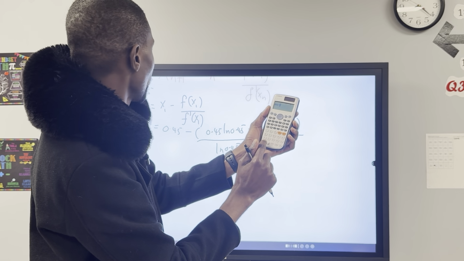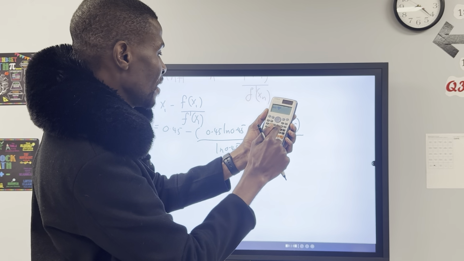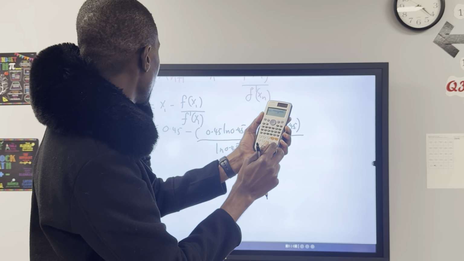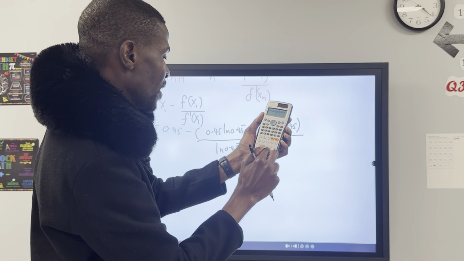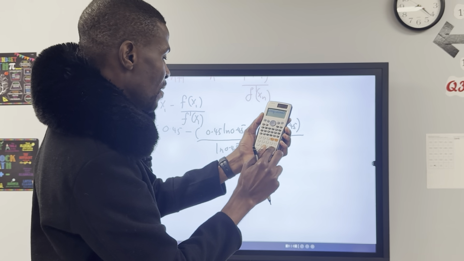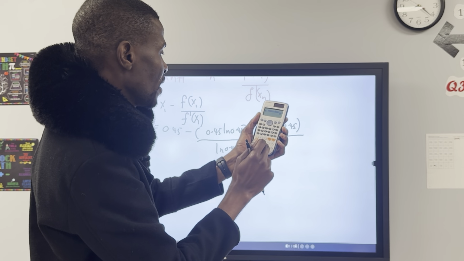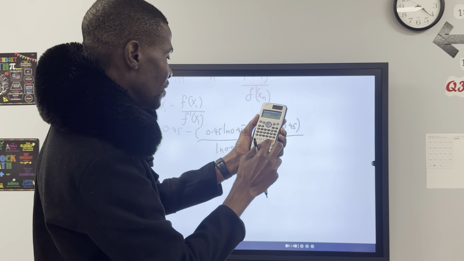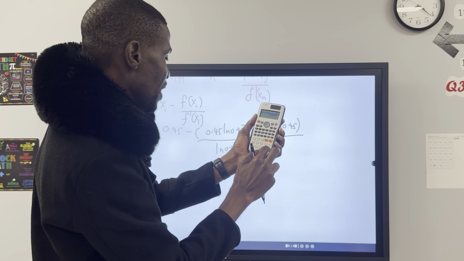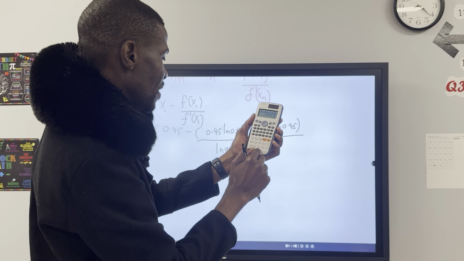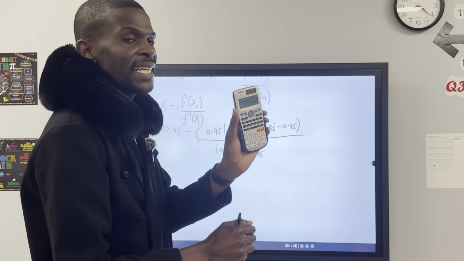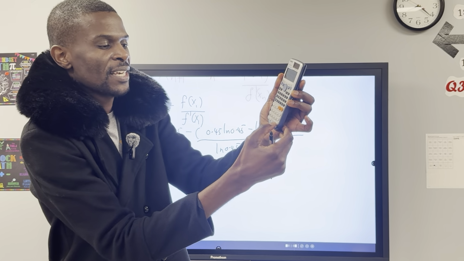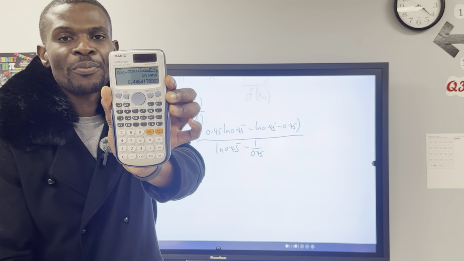On top of the fraction you say answer ln answer, minus natural log of answer, minus answer, over the denominator natural log of answer, minus 1 over answer. When I set it up like that, you only press it once. When you press once, you're going to get 0.446.